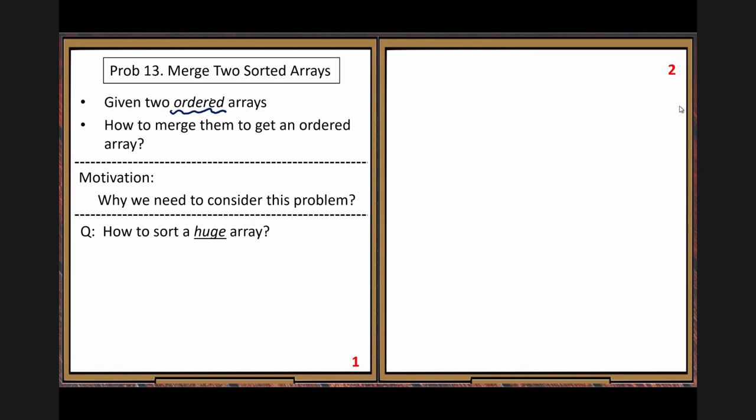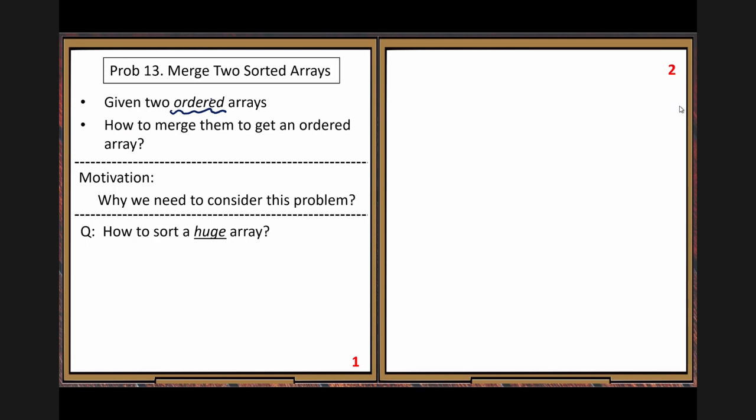How to sort a huge array? We know how to sort a general array, right? Let's consider the array could be very large, huge. How large is it?